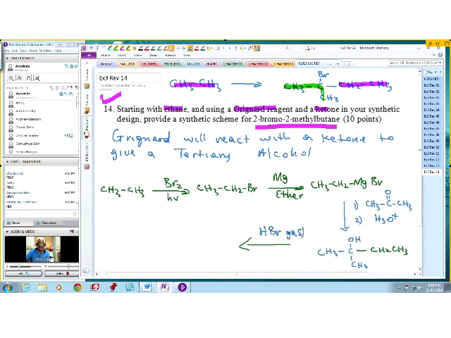Keep in mind, PBr3 will transform a primary alcohol or a secondary alcohol to the alkyl bromide. In other words, it will replace the OH of a primary or secondary alcohol with a bromine atom.